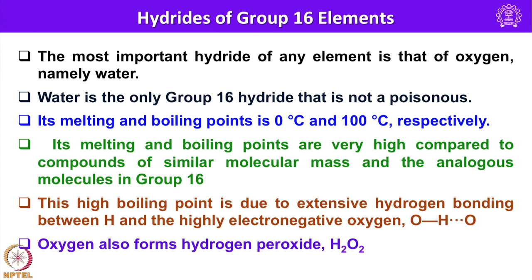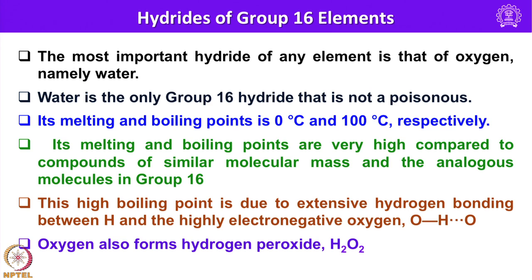Its melting and boiling points are known, 0 degree centigrade and 100 degree centigrade respectively. Its melting and boiling points are very high compared to compounds of similar molecular mass and the analogous molecules in group 16. This is essentially because of the strong hydrogen bonding that we learned when we were discussing the chemistry of hydrogen in my earlier lectures.